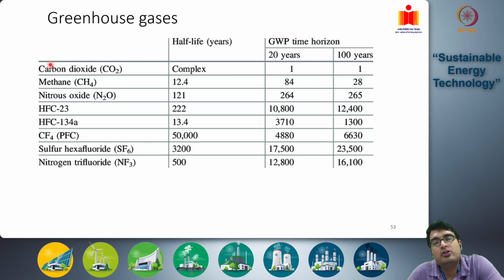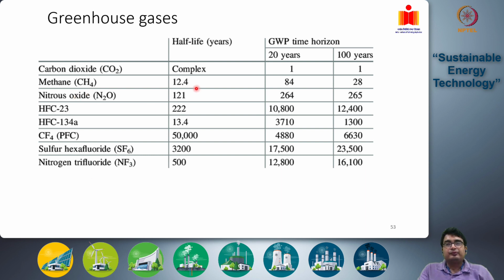So it has a relatively long half-life, and hence it will remain in the atmosphere for long periods of time. And we say that CO2 is the standard in terms of its global warming potential. So we are comparing all other gases' ability to heat up the atmosphere relative to CO2. So the global warming potential of CO2 in 20 years and 100 years is both 1.